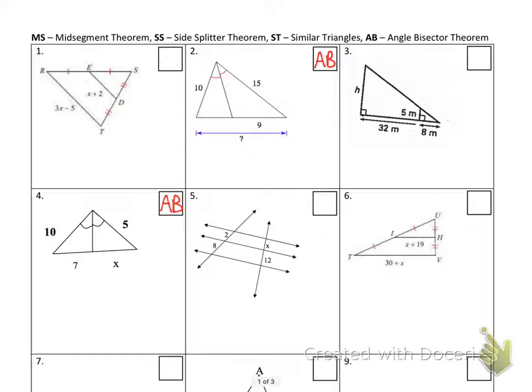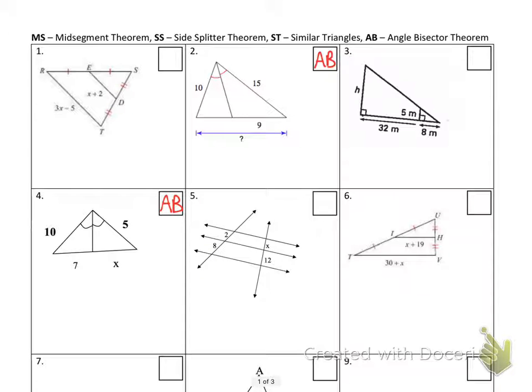The next one, let's try and look in these 6 and find all the situations where we have the mid-segment theorem being used. Can anyone identify some mid-segment? One and 6.